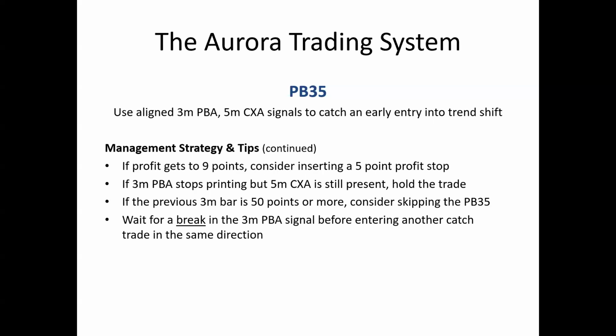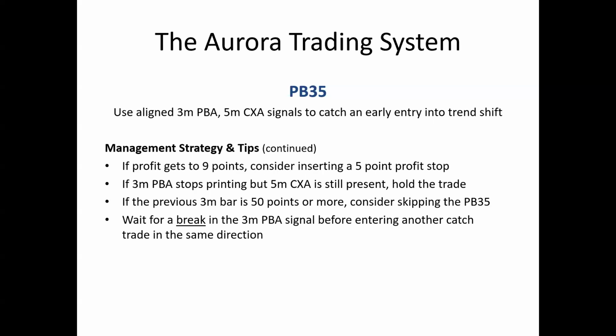So a point of clarification is when you're looking at a Pb35 entry, because the Pb35 will sometimes be triggered off of a 5-minute CXA, what bar are you using on the 3-minute chart to determine whether or not it meets the 50-point rule guidance?